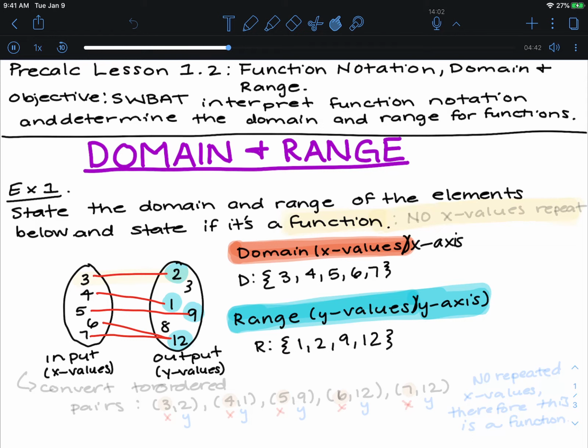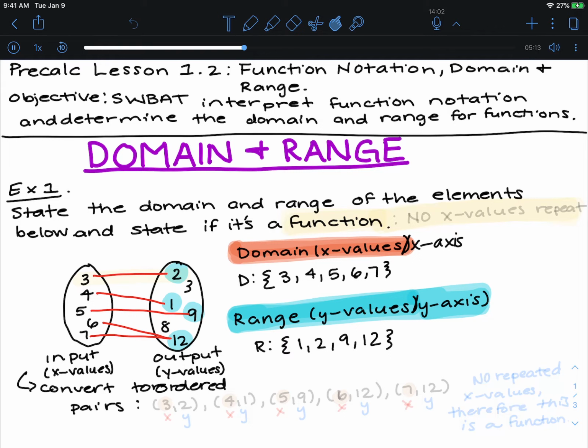Okay, and I don't know if you guys remember from the beginning of the school year, I told you what you could do if these lines were getting confusing is to convert them to ordered pairs, so that way you could see what X and Y values you have. So that's what I'm going to do.